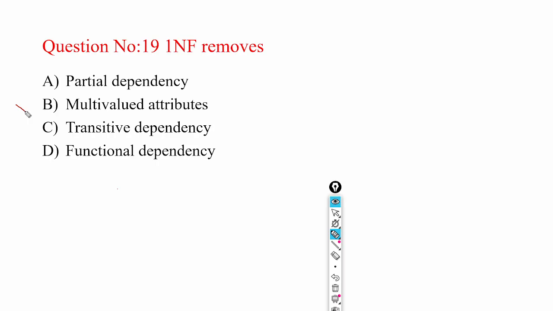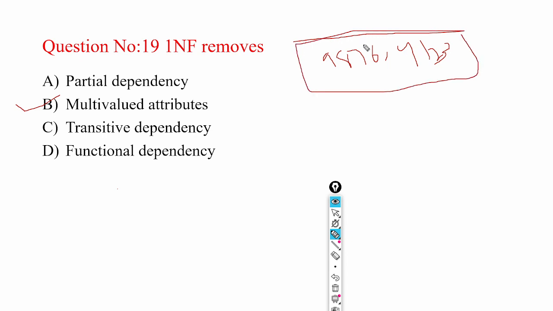If a phone number column contains two mobile numbers, like 9876 and 9123 together, we split them into separate rows. In the phone number column, there are two values in one column, so we divide them into separate rows of data.